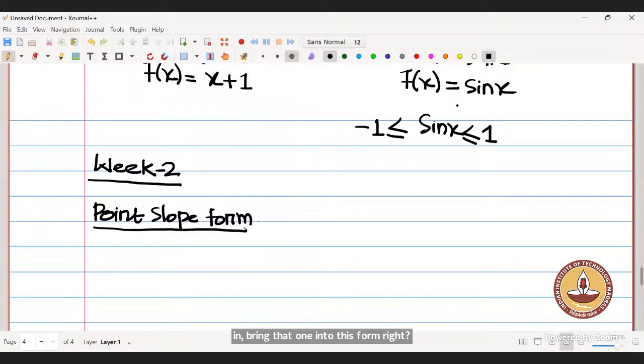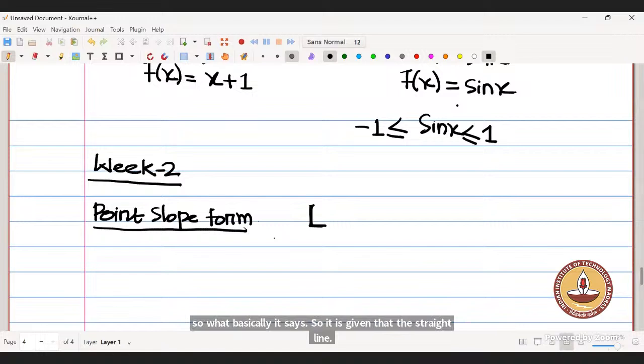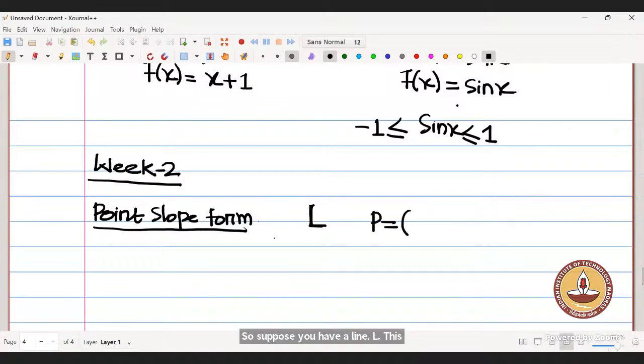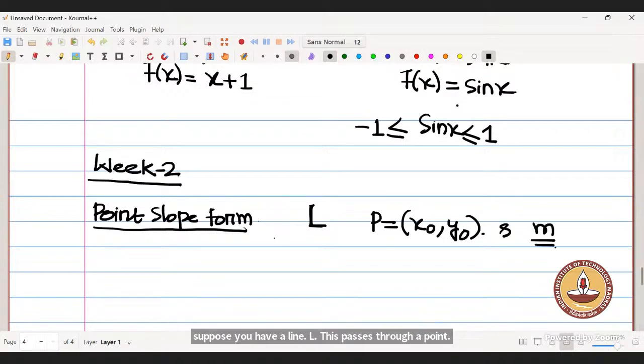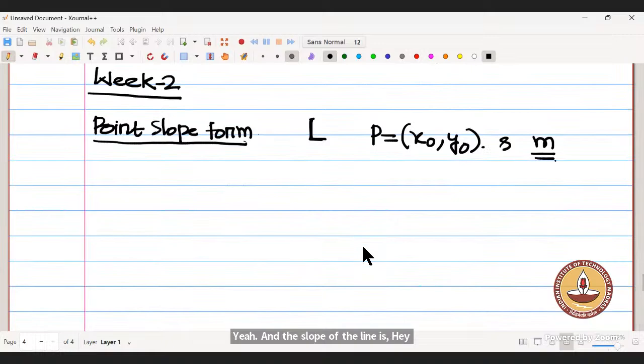So what basically it says, it is given that suppose you have a line L, this passes through a point, right? And the slope of the line is m, right? So then what will be the equation of the straight line?